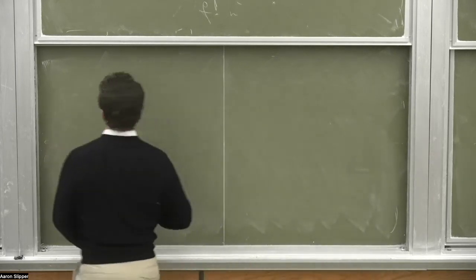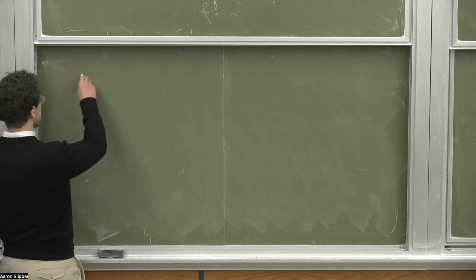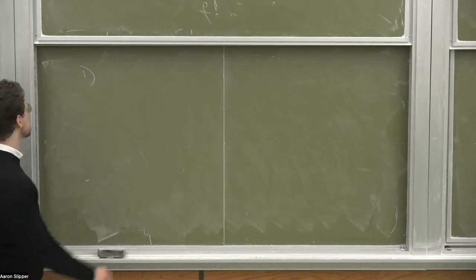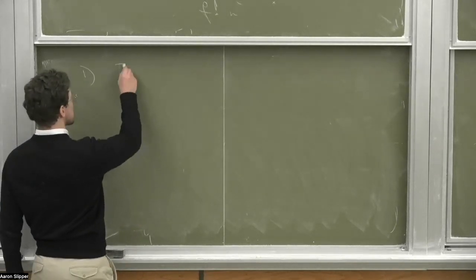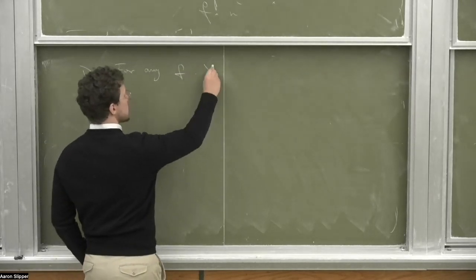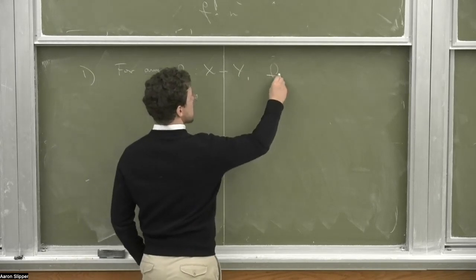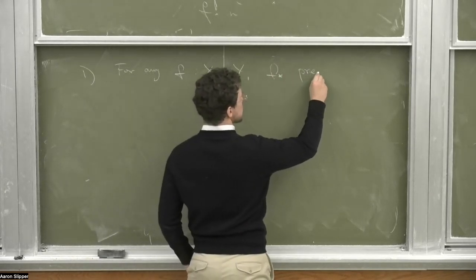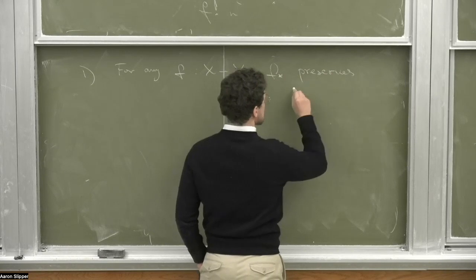So a couple of facts on these functors. So first, for any f from X to Y, f star preserves constructibles.